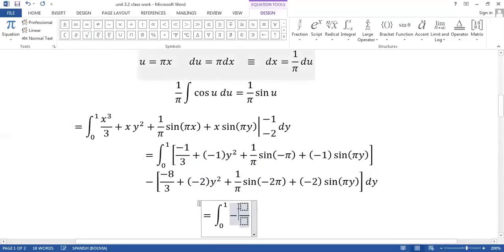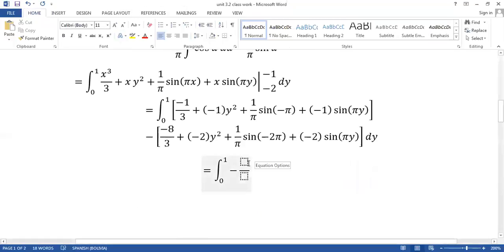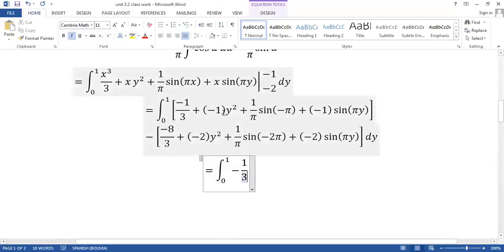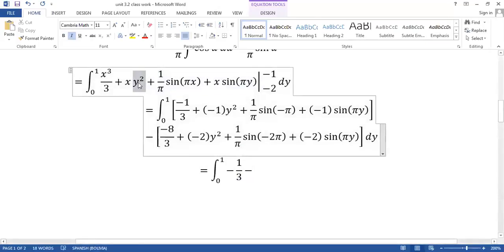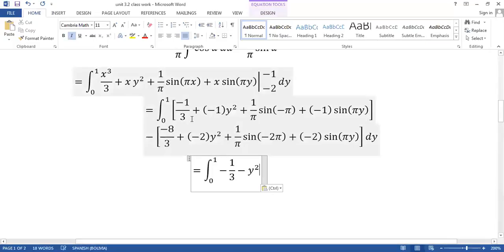Negative, right, 1/3. The number box is off. All right, 1/3. Yes, and then this is going to be negative y squared, right? Minus y squared. Okay, what's the next term?